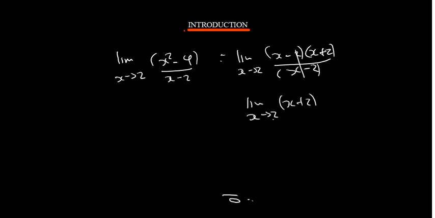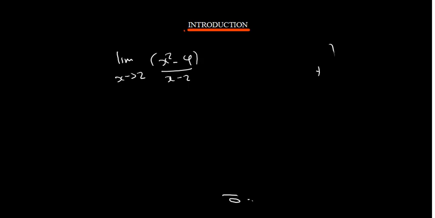So you just insert now and forget the word limit, so we'll say 2 plus 2, which will give us 4. So this is the value. They are very simple, provided you just master what is supposed to be mastered and leave what is supposed to be left out. So that's about limits.